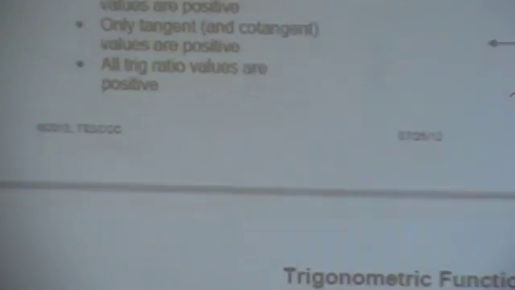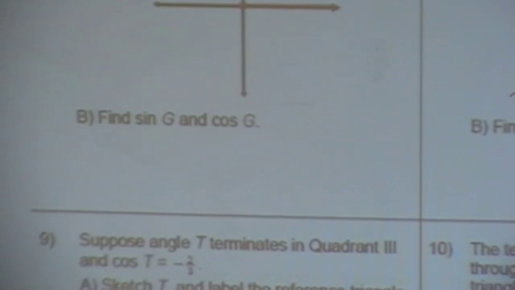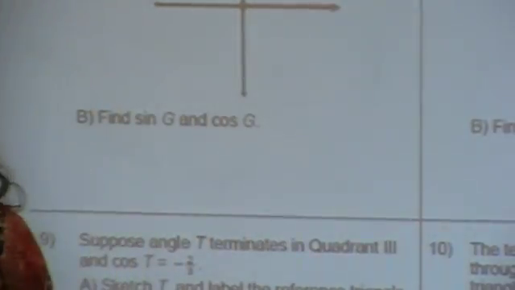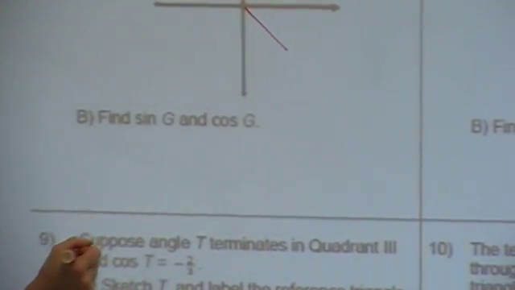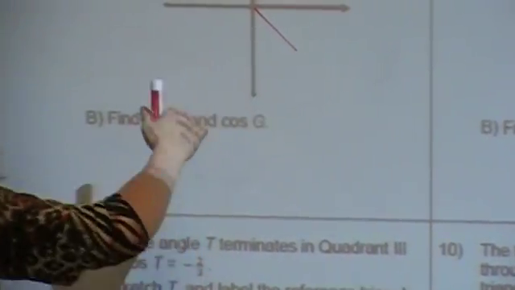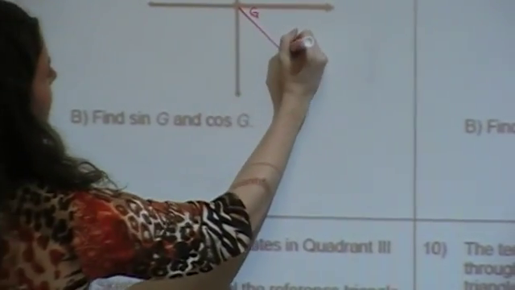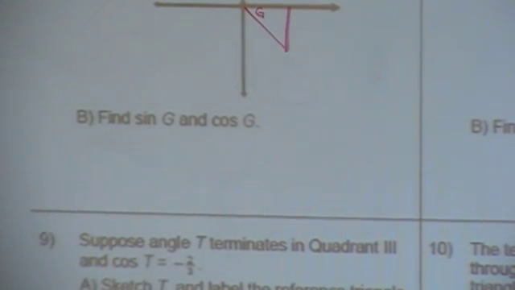So now we're going to do some more. This time I have angle G terminating in quadrant 4. So if I'm terminating in quadrant 4, what things should be positive? Cosine and secant. So remember, the angle is always between the terminal side and the x-axis. So here's G. I make myself a reference triangle, not just the angle, but the whole triangle.